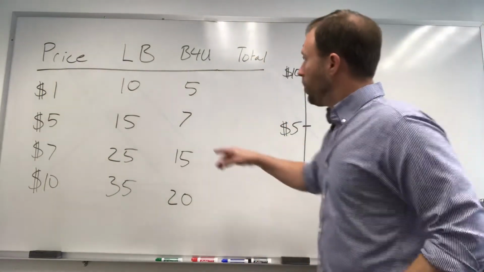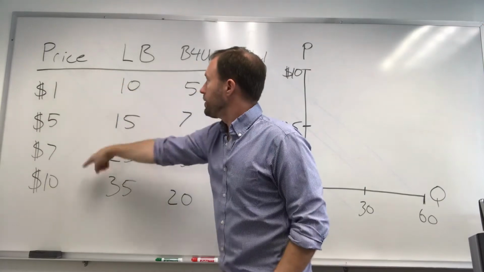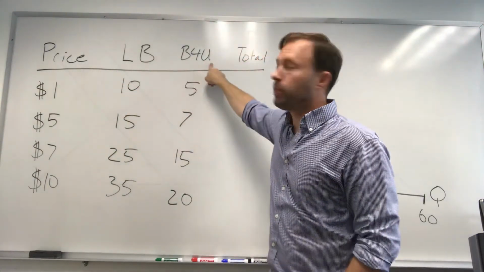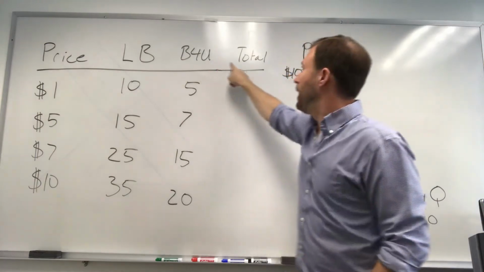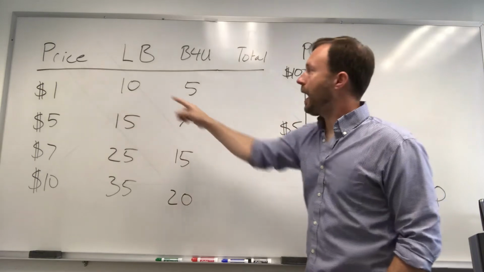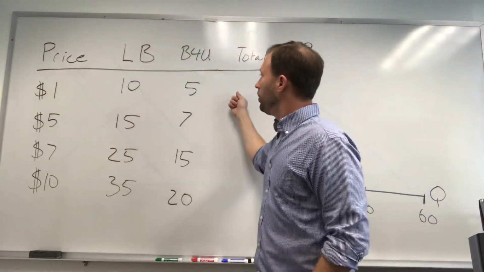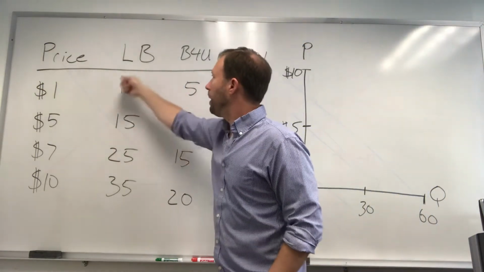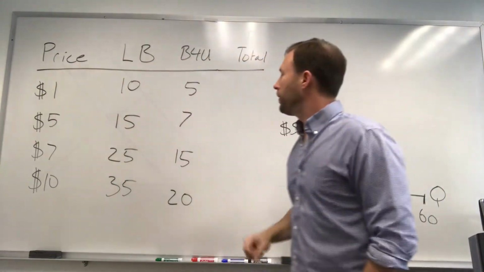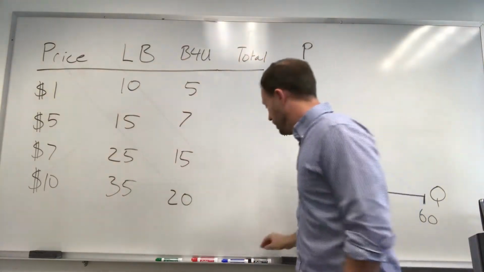Okay, so we've got the price, we've got how many units Light Bright will supply, how many units Bulbs for U will supply, and then in this column we're going to fill in what's the total supplied at each price. This total just comes from summing up the amount that Light Bright will produce with the amount that Bulbs for U will produce.